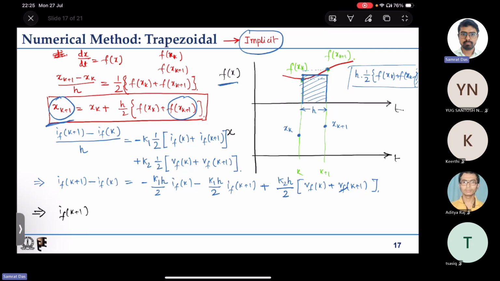Now ifk plus 1 appears here as well as here, so it will become 1 plus k1 h by 2. And ifk is also there here as well as here, so it will become 1 minus k1 h by 2.